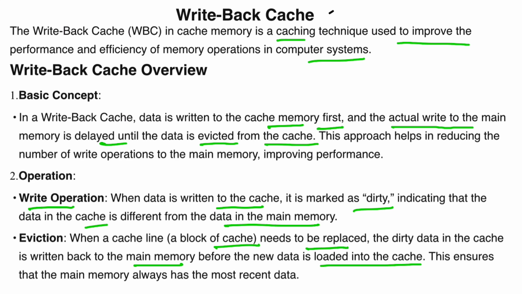So this will ensure the main memory always has the most recent data. So eviction means the data will leave the cache memory and will be permanently stored inside the main memory.